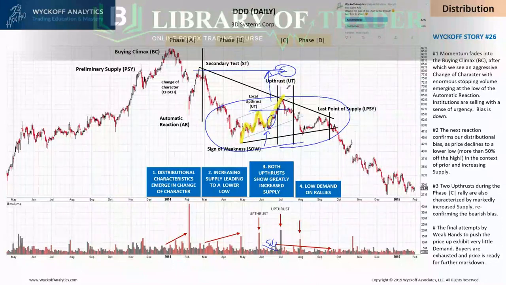So the key was, actually the key is a little bit later on. So then what happens next is very interesting. We have a higher low, which could be suggestive of what?